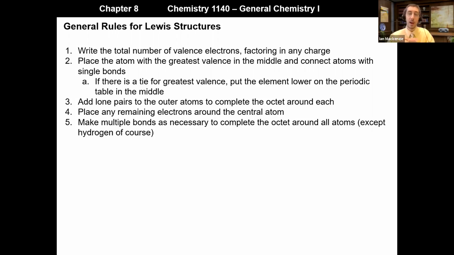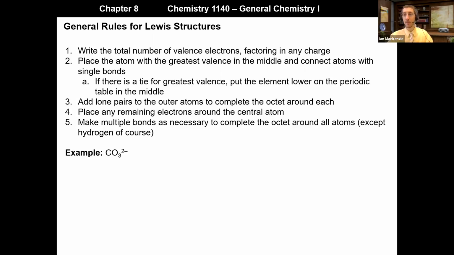If not, we need to make multiple bonds as necessary to complete the octet around all of the atoms, with the exception of hydrogen or other elements that don't prefer 8 electrons around them. But in the vast majority of cases, we will complete the octet around all atoms.